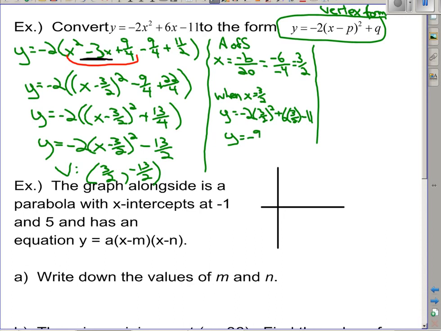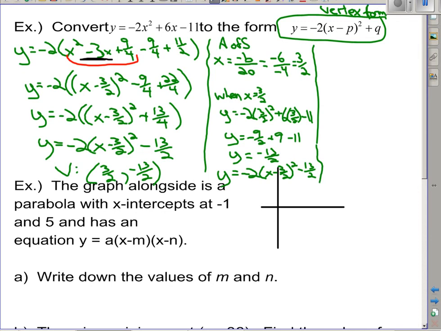So negative 9 over 2 plus 6 times 3 over 2 is going to give us 9 minus 11, which in turn gives us negative 13 over 2. Okay. So it also gets us to this final form of negative 2 times x minus 3 over 2 squared minus 13 over 2.